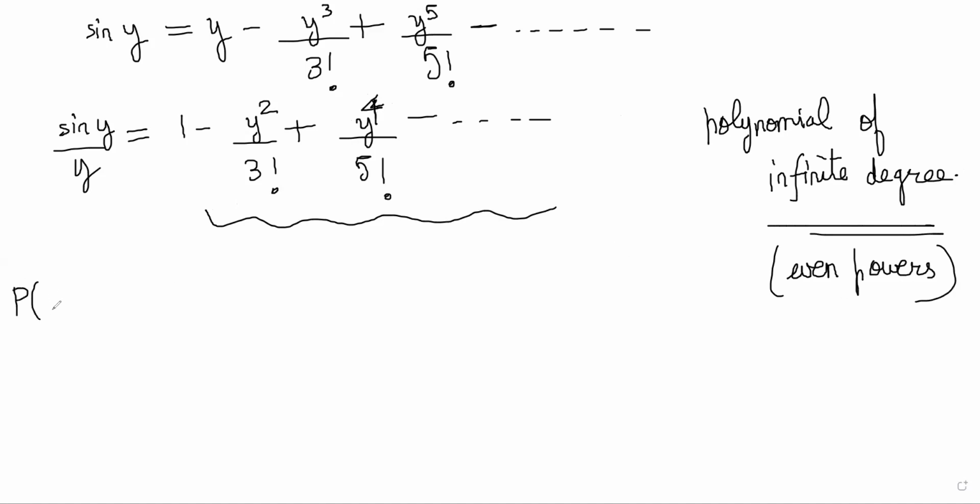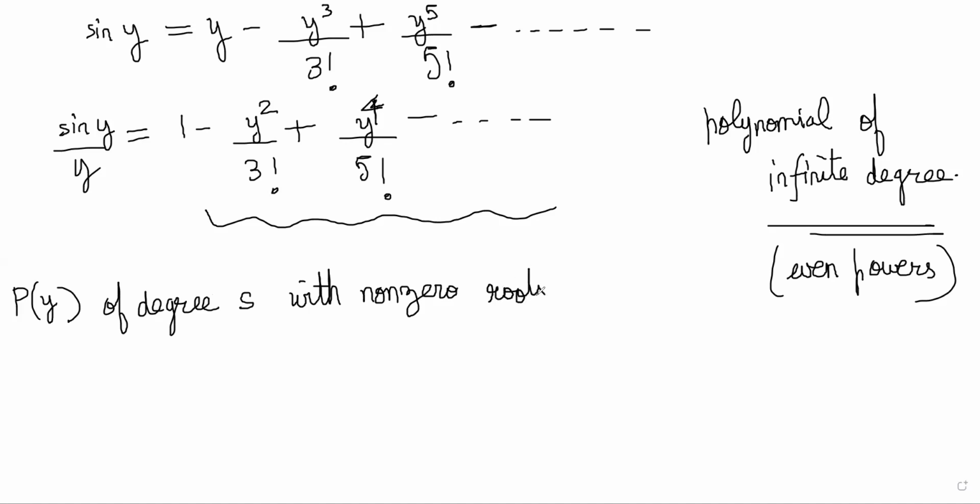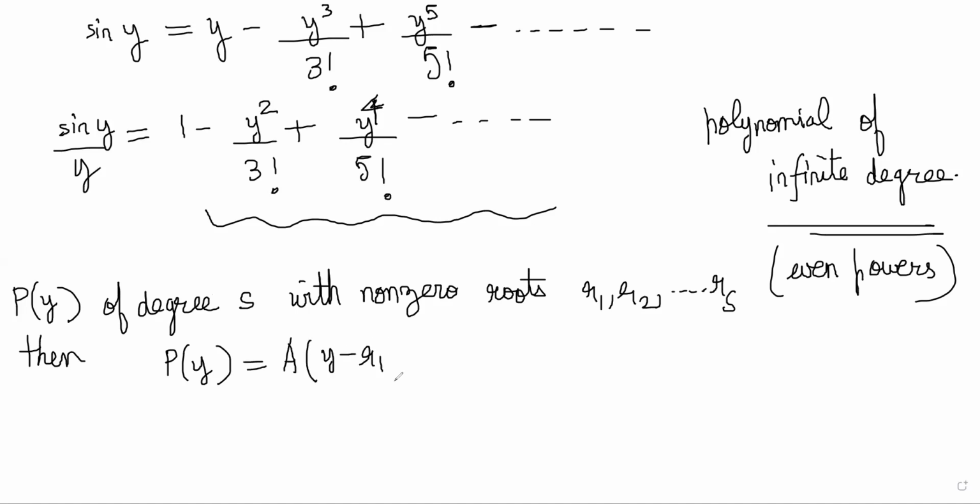If you have a polynomial p(y) of degree s with non-zero roots r1, r2 till rs, then we could have written p(y) as some a times y minus r1 multiplied by y minus r2 and so on till y minus rs.